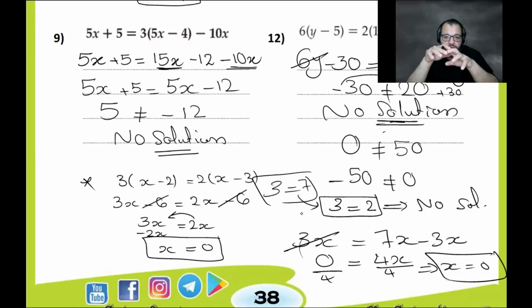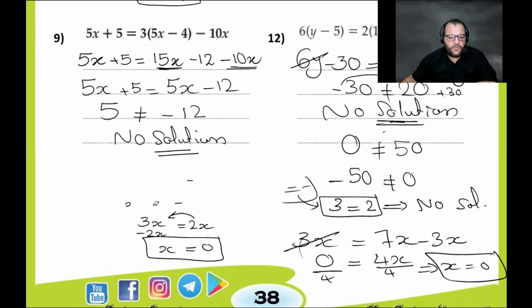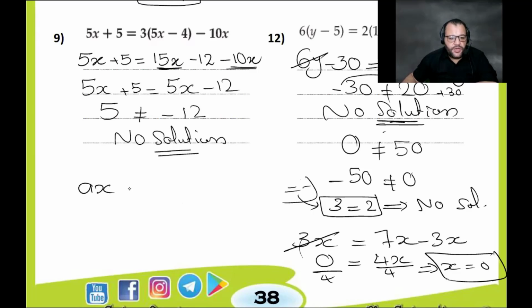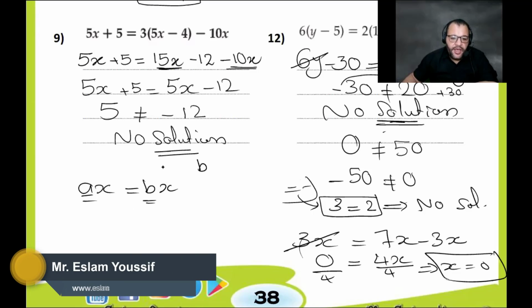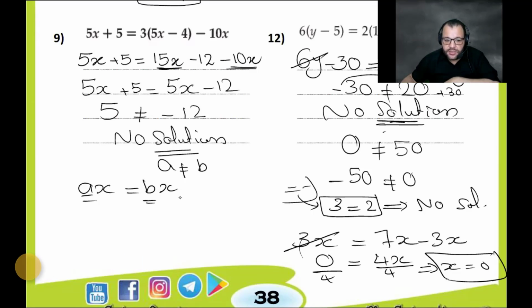You understand the difference? 2x equals 3x means x is equal to 0. If you find any coefficient here, ax equals bx, whatever the numbers a and b, and a and b are not equal, any two different numbers, then we can say that x is equal to 0.